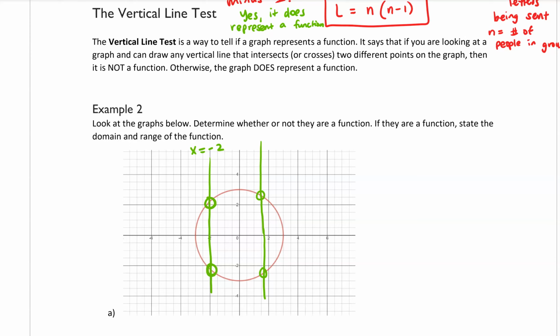So this indicates to us that this is not a function. So I'm going to go ahead and just write that off to the side. This is not a function. It does not pass the vertical line test.